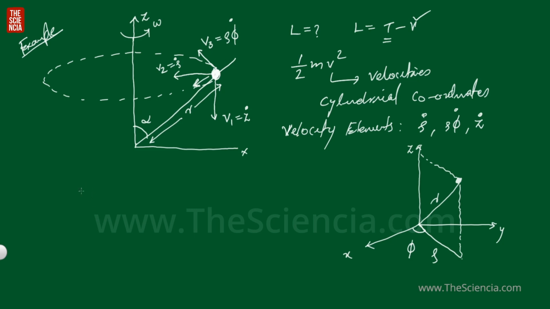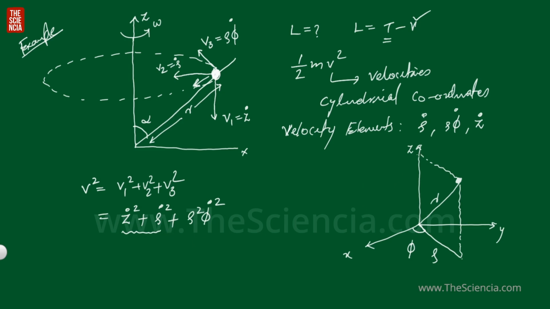So what will we get? We get the resultant velocity, v square equal to v1 square plus v2 square plus v3 square. That is equal to z dot square plus rho dot square plus rho square phi dot square. And what is rho dot square plus z dot square?